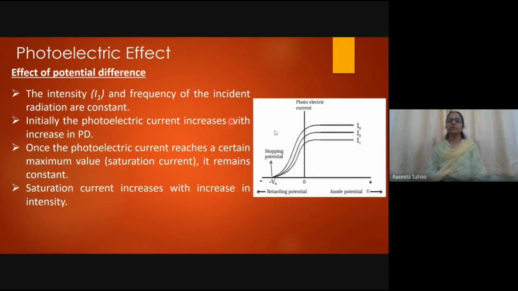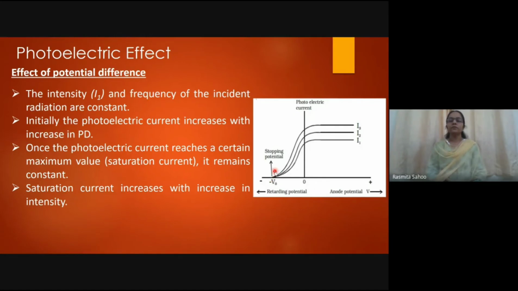What they observed is that on the positive side, again, initially there is an increase in current and then it goes to a saturation value. At the reverse potential, you can see here for I1, I2, I3, whatever may be, for a particular metal, the reverse potential at which the photoelectric current becomes 0 is the same for all intensities.